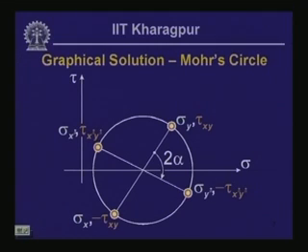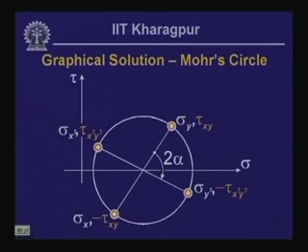So, what we do then is to find out two diametrically opposite points which are separated by an angular distance of 2 alpha from the first set of points, and the points on the second set of coordinates are going to be given by, in this case, sigma x prime, tau x prime y prime, and sigma y prime and negative of tau x prime y prime. So, that is the construction. It is a very convenient construction, and this circle here is called the Mohr circle.